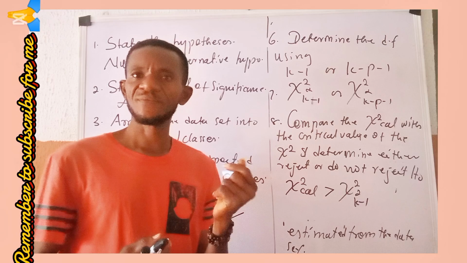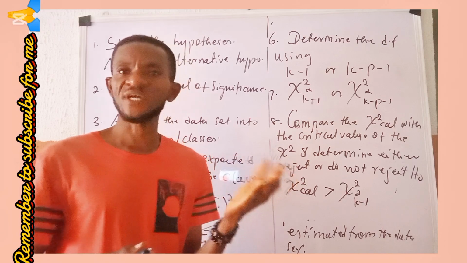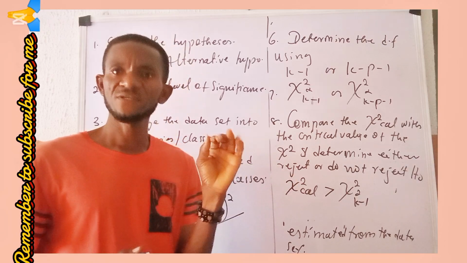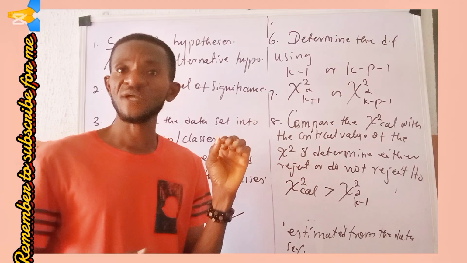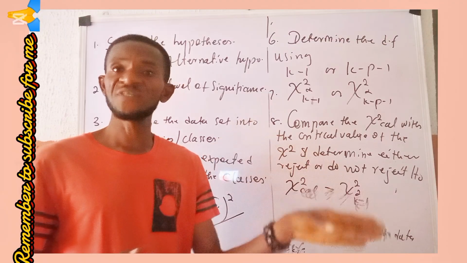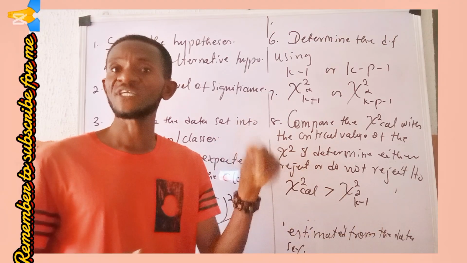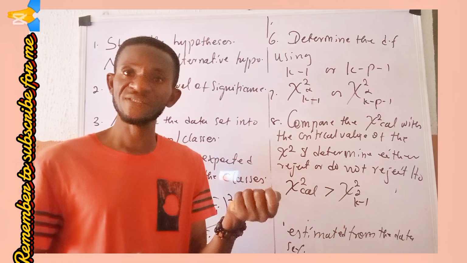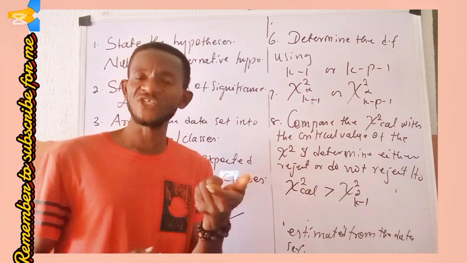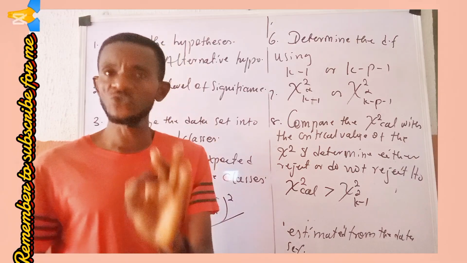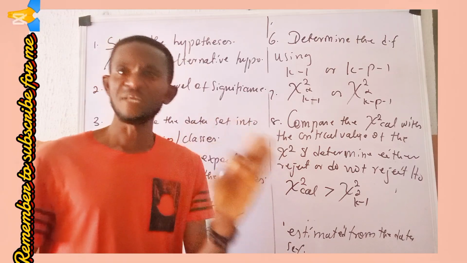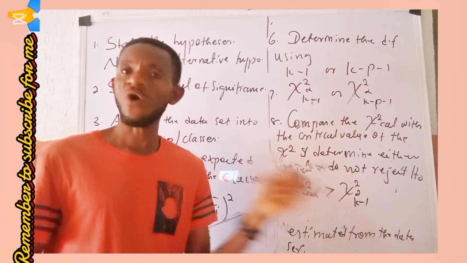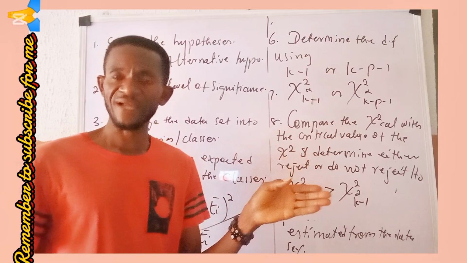As a word of recap, we just introduced chi-square, told you what it is, told you about types of chi-square in terms of chi-square goodness of fit test and chi-square test of independence. We now decided to elaborate on chi-square goodness of fit test by giving you the explanation that it is used to determine how adequate the model fits the data, or how well the model fits the data.